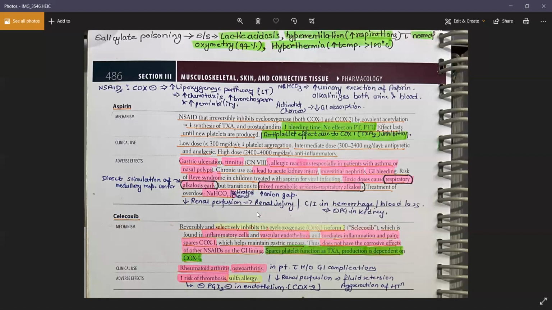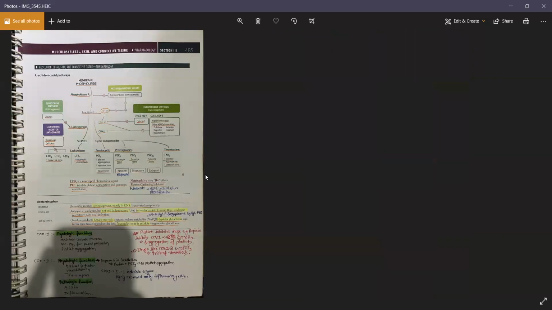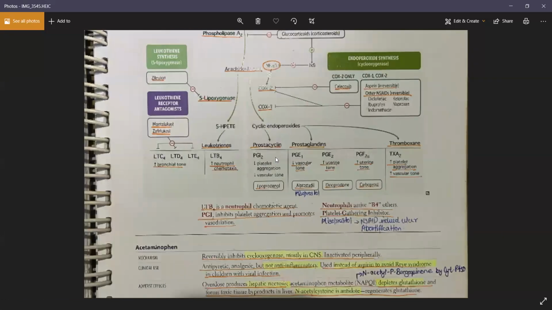If you give the patient aspirin, then the prostaglandin level will be decreased. As a result, vasodilation won't occur. Because if you guys go back, you can see that this prostaglandin actually decreases the vascular tone, right? And that's why your kidney needs the prostaglandins in the time of low blood volume so that vasodilation can occur and blood flow to the kidney could be increased for the kidney's survival, right?